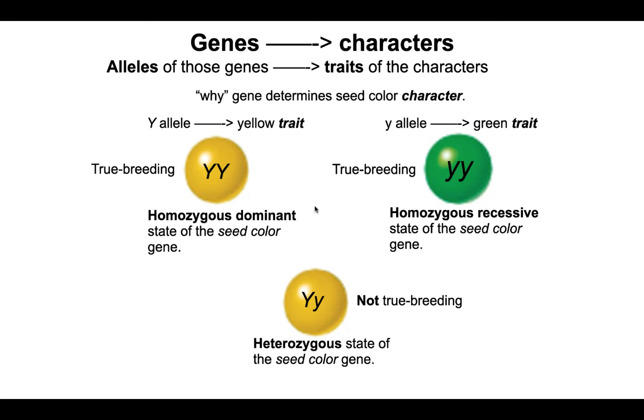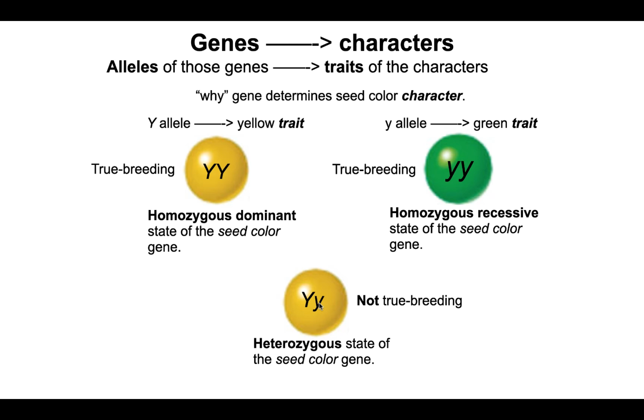Now, the complicated part is, what happens if in our diploid organism the two alleles are different? In this particular case, this is a heterozygous state where the organism has two different alleles for a particular gene. In this case, our Y gene, we have a capital Y and a little y.